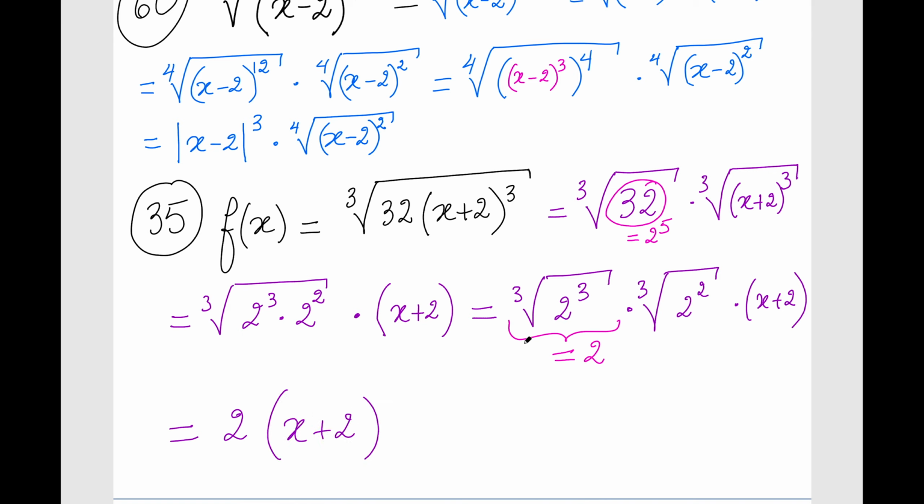So it's this guy, just 2 times (x plus 2) times this piece, which is simplified again because the power is smaller than the index. Right, so it doesn't have other than 1. It doesn't have a factor which is a perfect third power. And 2 squared is 4. Maybe it's better to write it out.